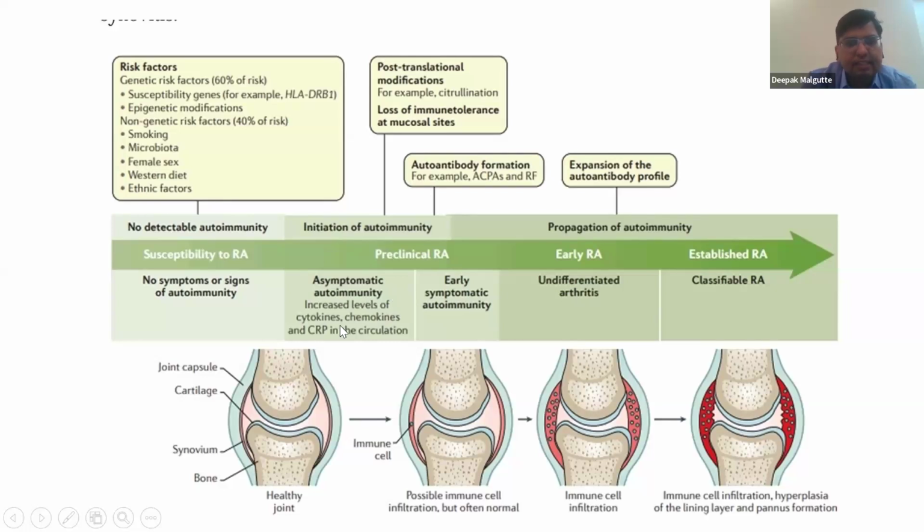That leads to increasing levels of various cytokines and chemokines, which result in early rheumatoid arthritis, where immune cells start infiltrating the joint synovium, and later it develops into established RA when it forms a well-defined pannus, resulting in articular and cartilage destruction.